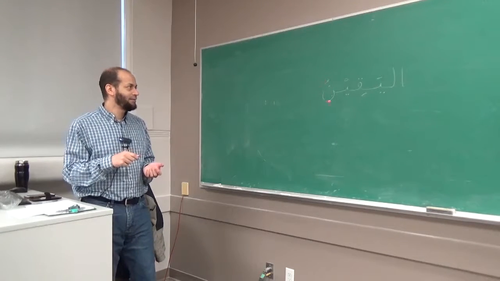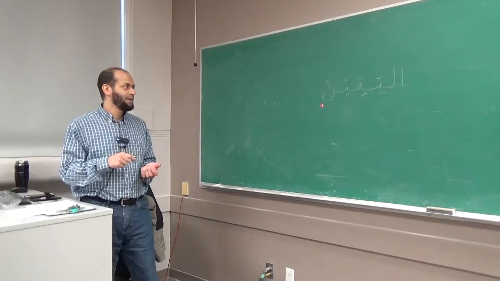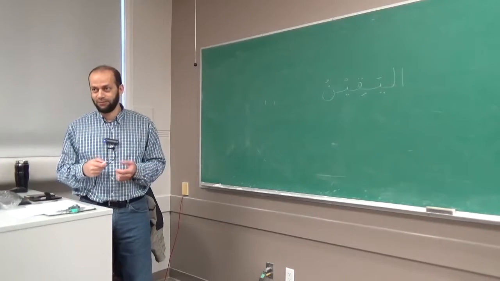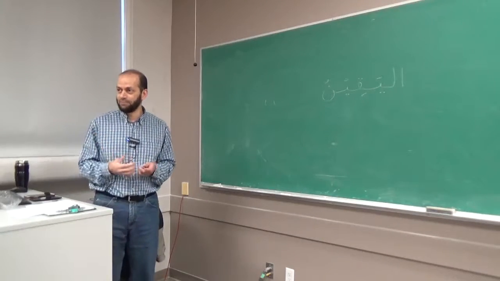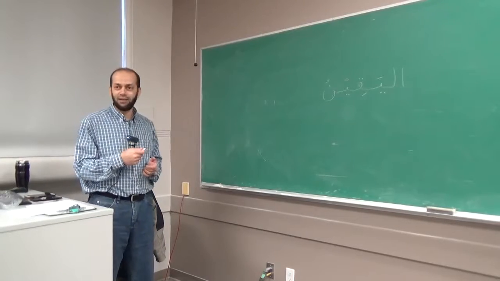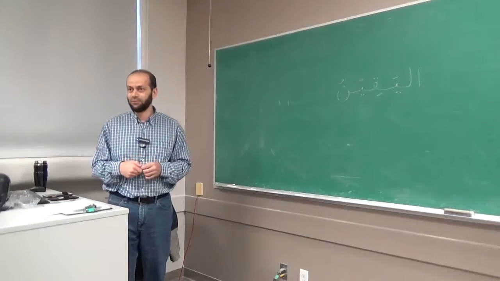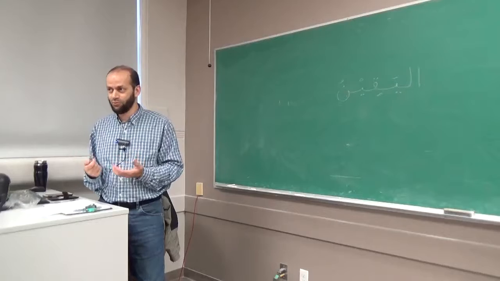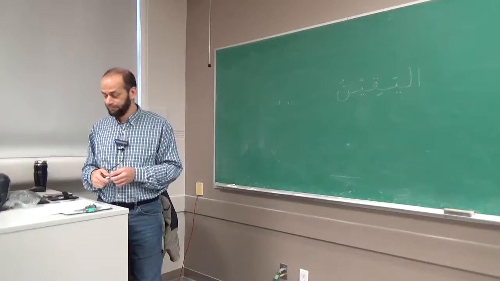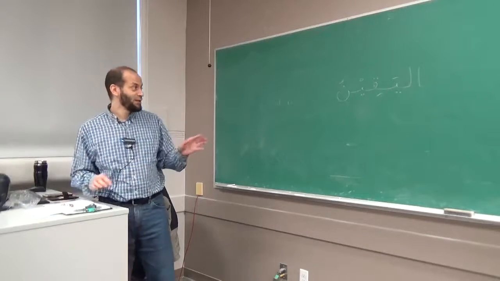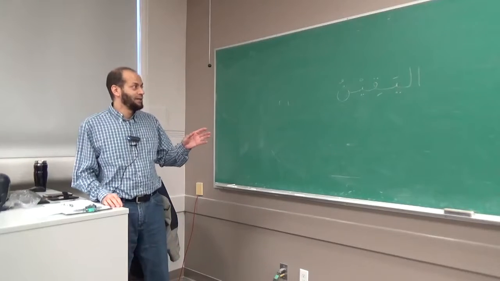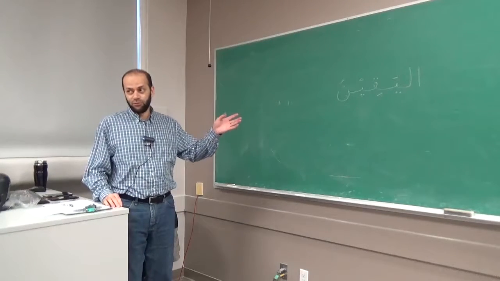But here at the end, because I'm stopping, I'm putting a sukun. I'm using a sukun to stop. So I say al-yaqeen. So I'm using a sukun instead of a dhamma. So this is what a non-original sukun means.